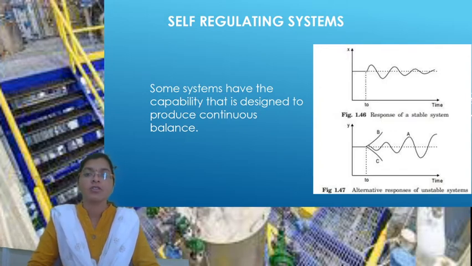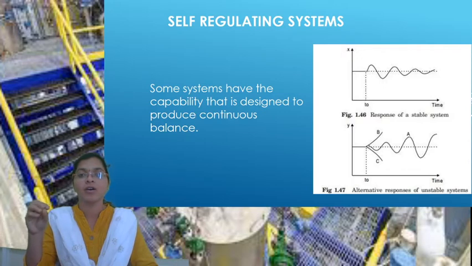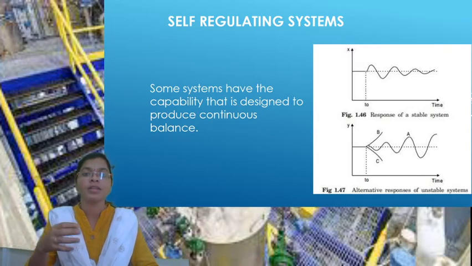We continuously analyze the actual output against the desired output that should be generated. In order to get that, we measure and compare. If there is any deviation between our actual and our desired value, then we change the input values, and that will affect that particular process.